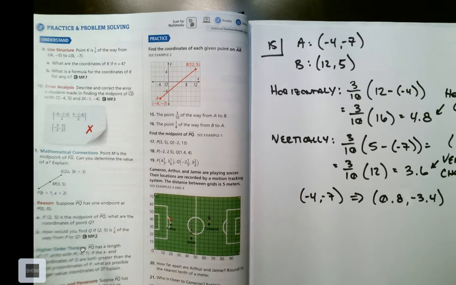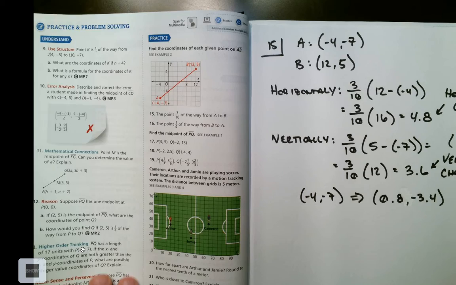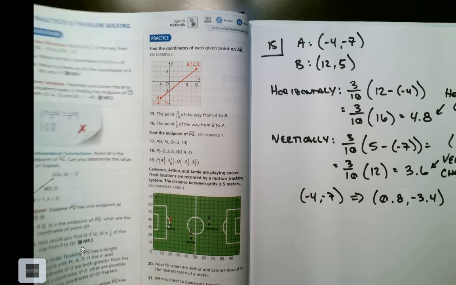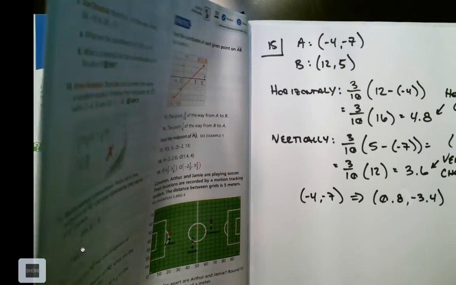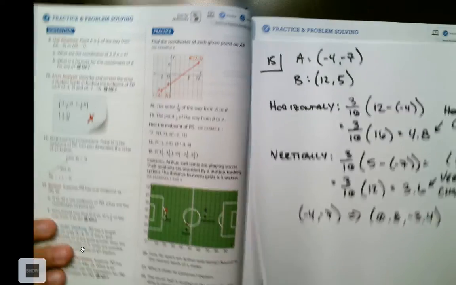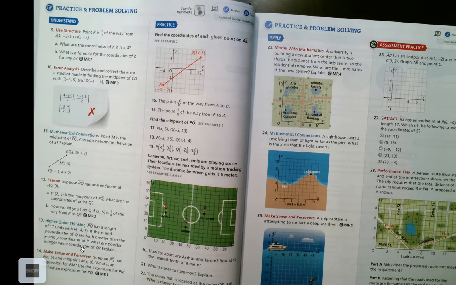Number 16 is very similar. Same thing that we just did, but now we're going in the opposite direction. So for this example, let me get a fresh piece of paper.